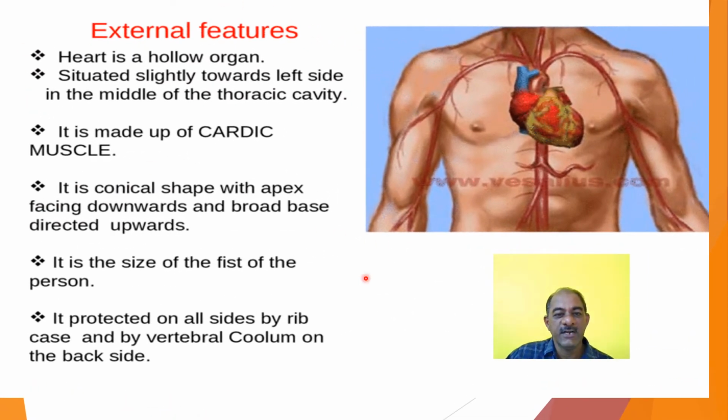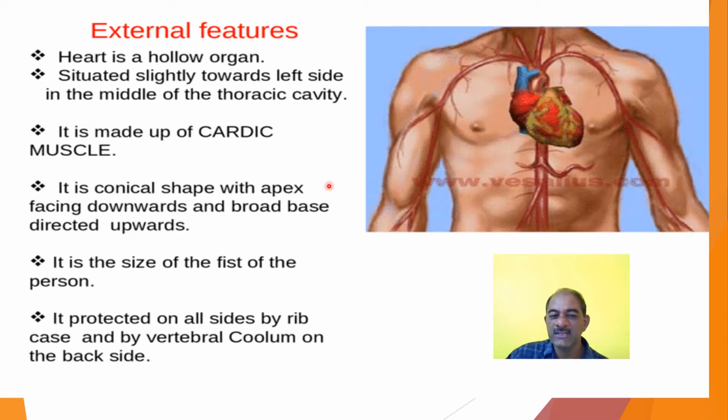Then here the external feature of the heart, particularly location. Heart is a hollow organ situated slightly left side in the middle of thoracic cavity. It is made up of cardiac muscles.